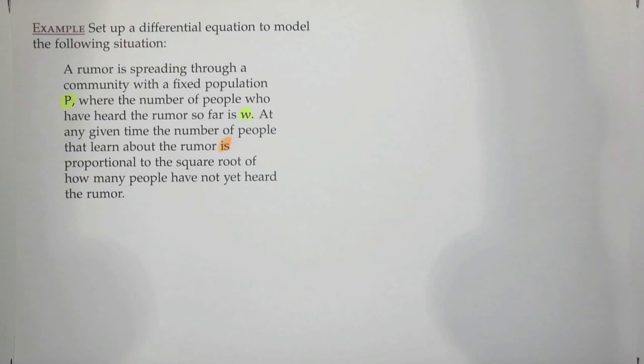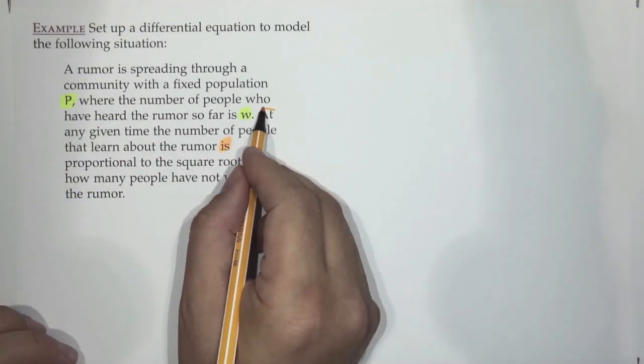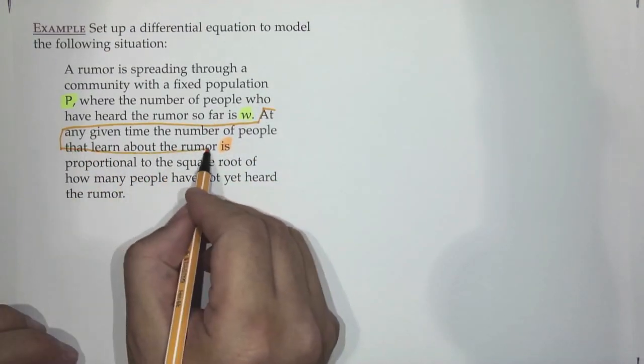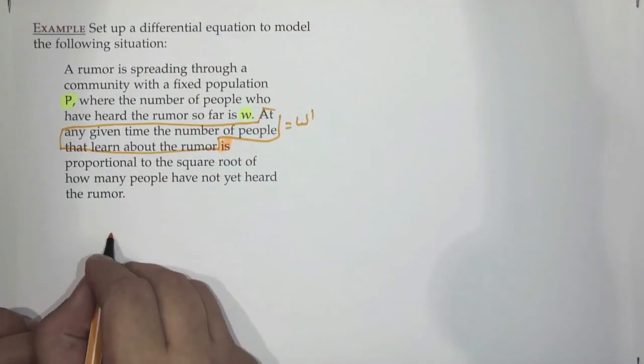Well, it's not W, because W is the total number of people who know the rumor. The number of people who learn about it, those are the people who've just learned about it. So somebody said the change. The change in W. When we say change in W, what do we use? W prime. So this first part here, that's our W prime.